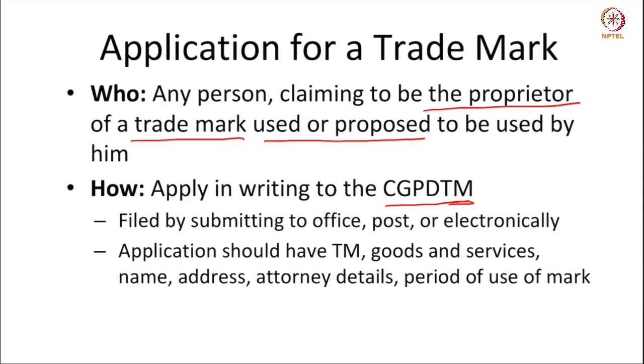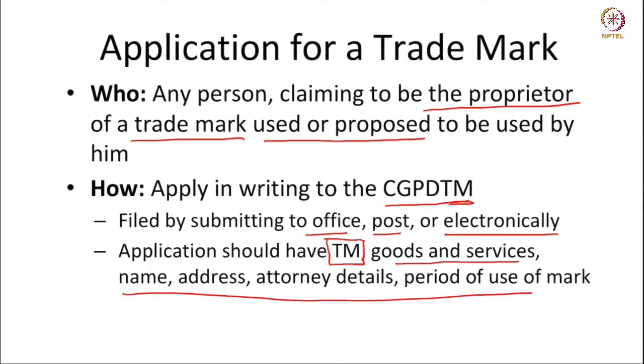The application can be submitted to the office by post or electronically. E-filing is also permissible. The application should have the trademark, the graphical representation of the trademark, goods and services to which the trademark pertains, name, address, attorney details, and period of use of the mark if the mark has already been in use.